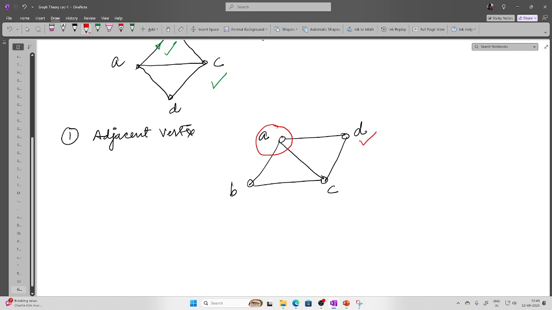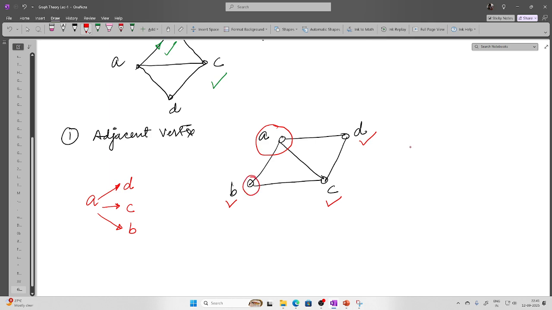It is connected to D, it is connected to C, and it is also connected to B. So, therefore, the vertices which are connected via an edge will be called as adjacent vertices. So, if there is an edge between two vertices, then we will be saying that those two vertices are adjacent. So, here A is adjacent to D, A is adjacent to C, and A is adjacent to B.